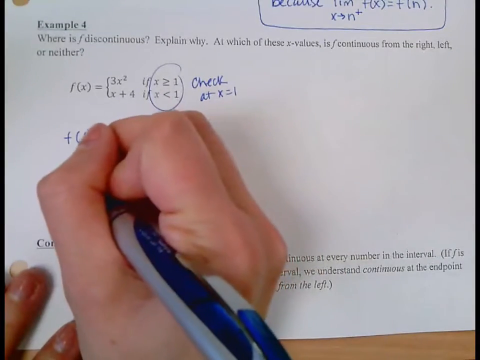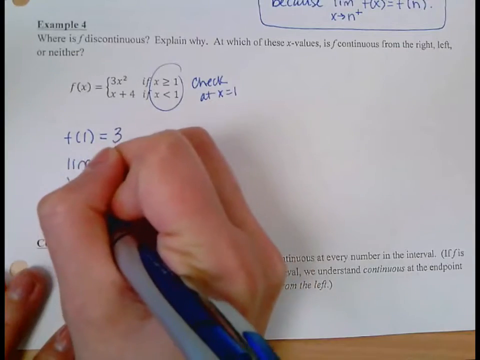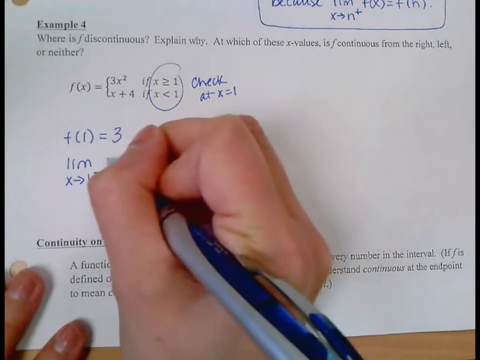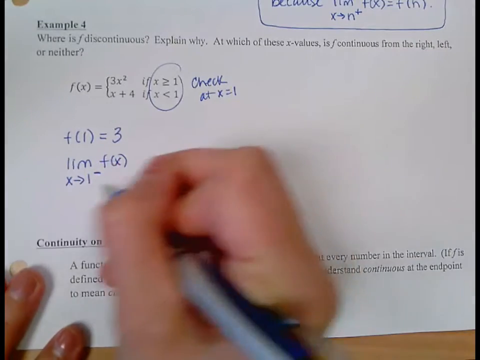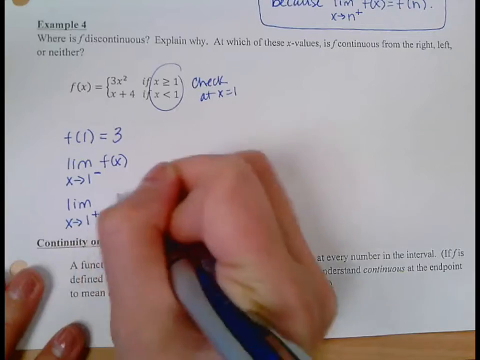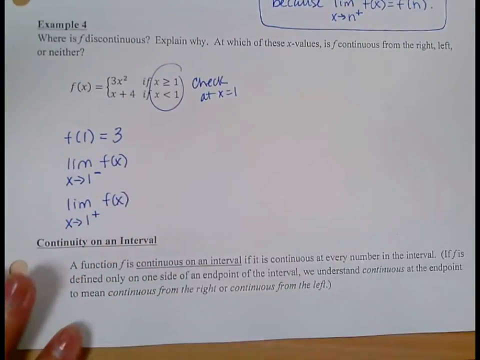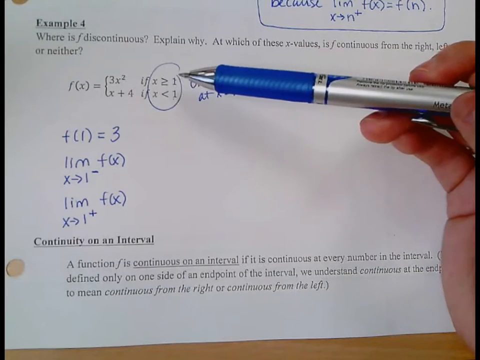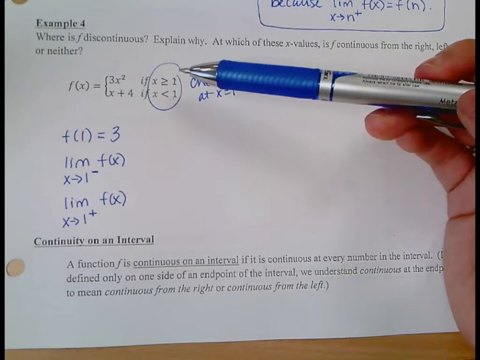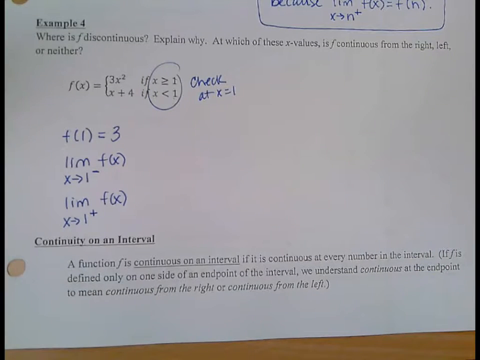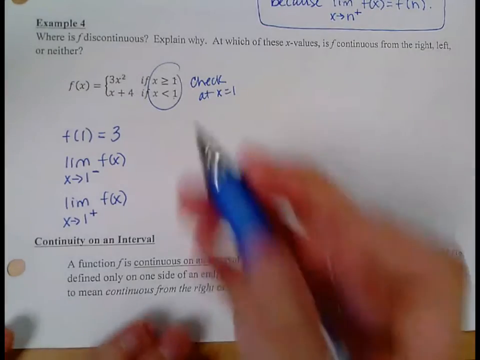So we need to find the limit as x approaches 1 from the left side of f of x, as well as the limit as x approaches 1 from the right side of f of x. And again, that's because for our 2 domains, one domain is x values greater than or equal to 1, and the other is less than 1.